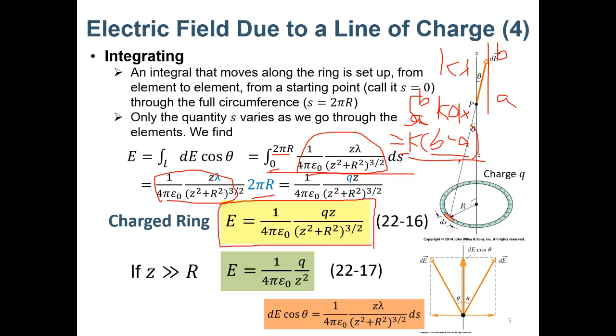Okay, similarly, if we assume z is much larger than R, which means the point you're concerned with is far away from this ring, then z squared is much larger than R squared.